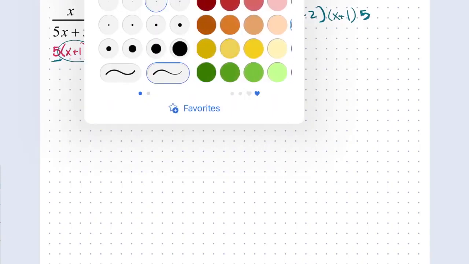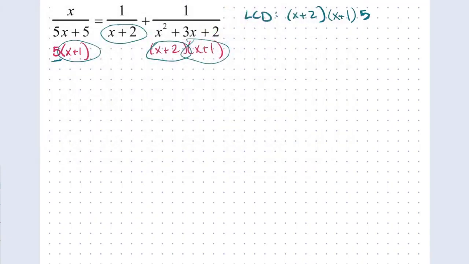So our next step is going to be to multiply. So let me rewrite this. X over 5x plus 5 equals 1 over x plus 2 plus 1 over x squared plus 3x plus 2. We've got our LCD. Now we need to multiply each numerator, every term's numerator, by the LCD.